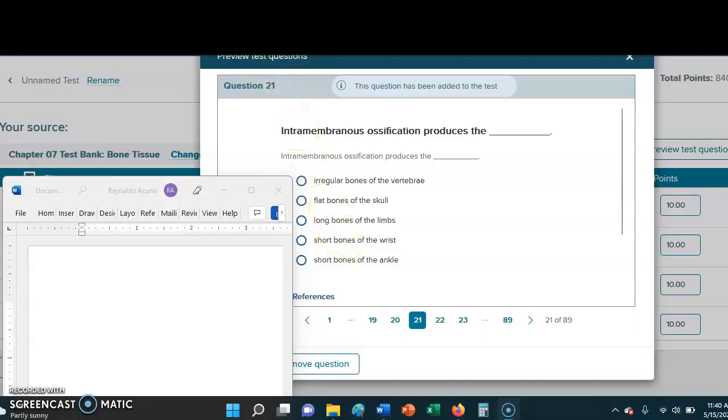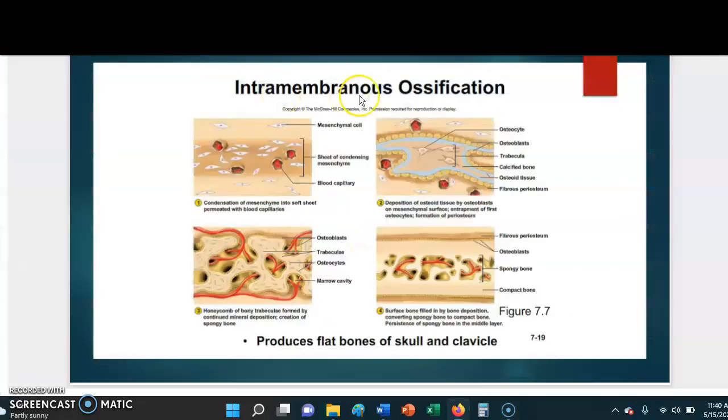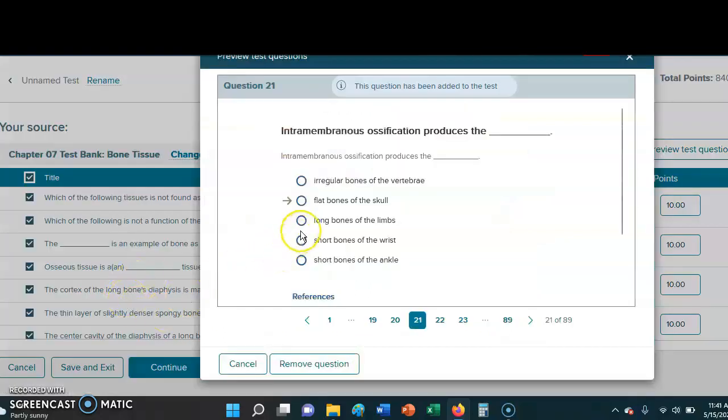Let's take a look at the figure. Right here we have intramembranous ossification, and down here at the bottom it says produces flat bones of the skull and clavicle. So going back to the question, the answer should be flat bones in the skull. As I mentioned before, long bones are built from endochondral ossification, which is from cartilage, as well as the other answers in this question.